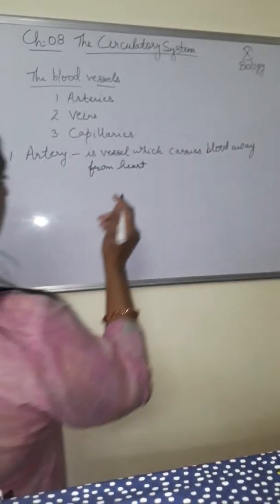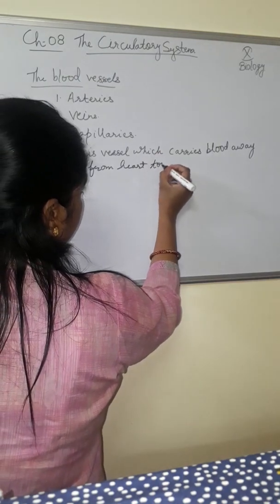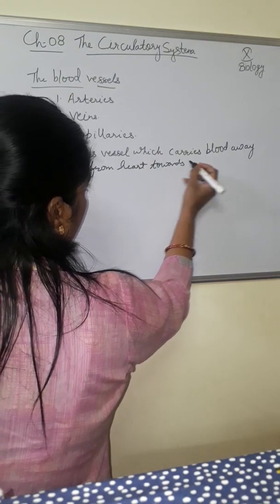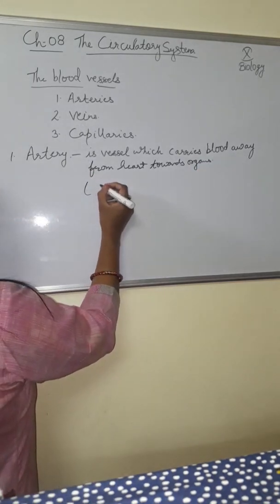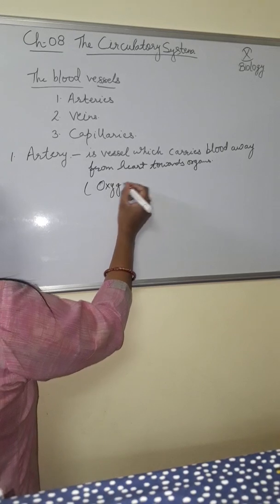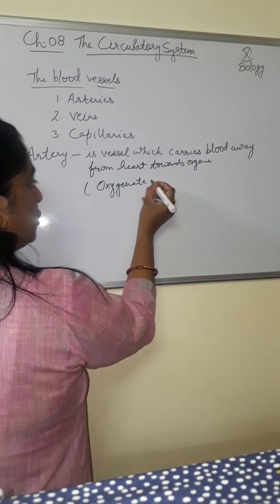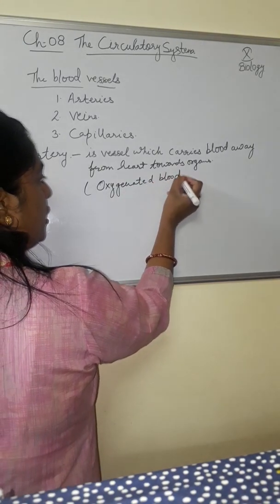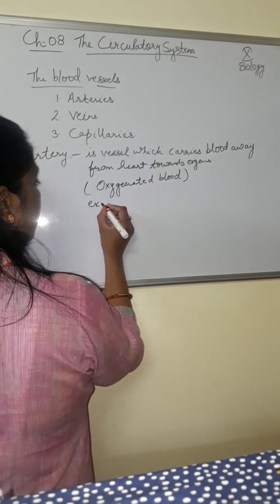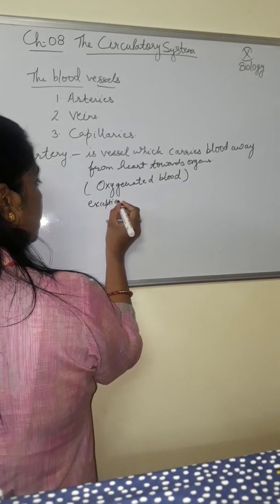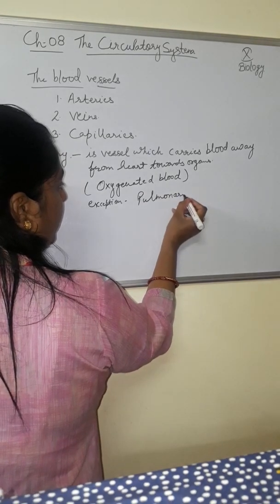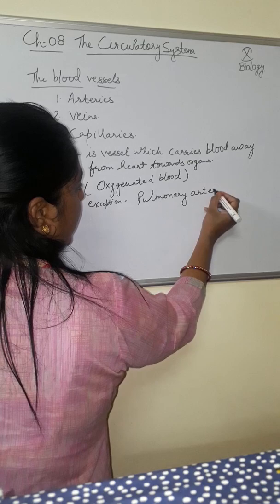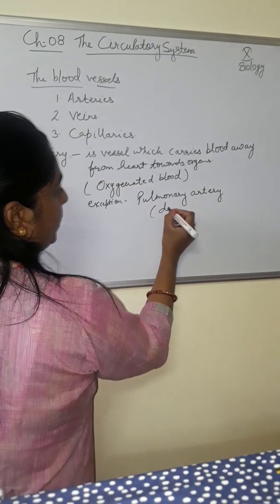That is oxygenated blood towards the organs. Okay. Oxygenated blood is rich in oxygen, and exception, that is pulmonary artery, which carries deoxygenated blood.